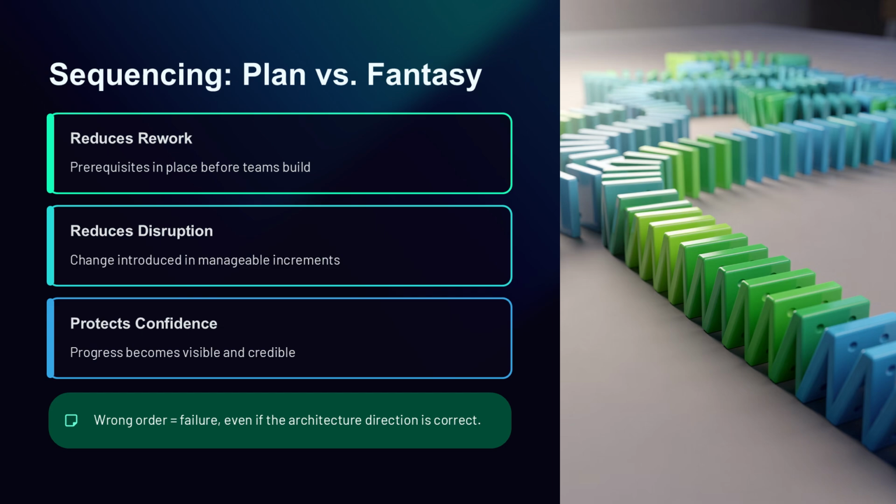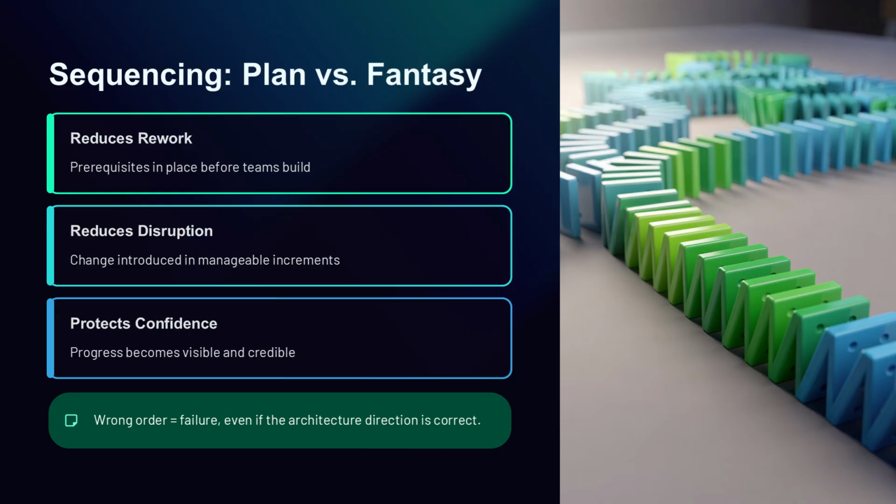The right sequence reduces operational disruption because changes are introduced in manageable increments. The right sequence also protects stakeholder confidence because progress becomes visible and credible. In phase F, sequencing is your strongest lever for success because the wrong order can cause failure even if the architecture direction is correct.